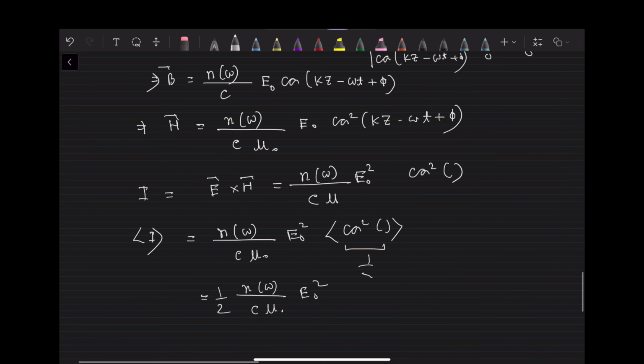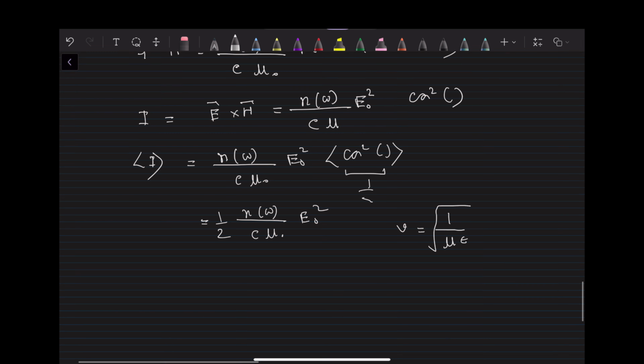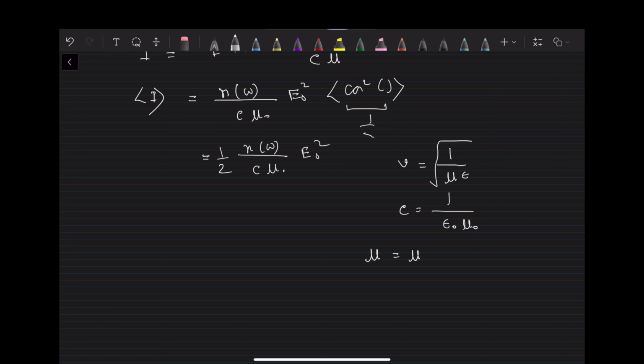And there are other ways of writing it as well. Maybe we can write it in terms of velocity, so I think you already know this part, right? And again c is one over the square root of epsilon naught mu naught. Here mu and epsilon are relative terms times mu naught.